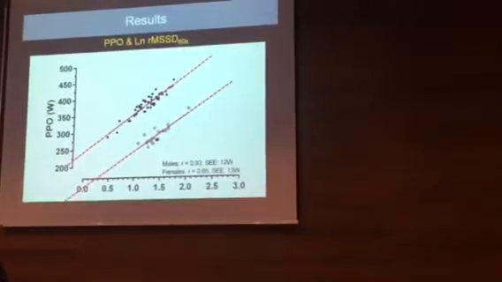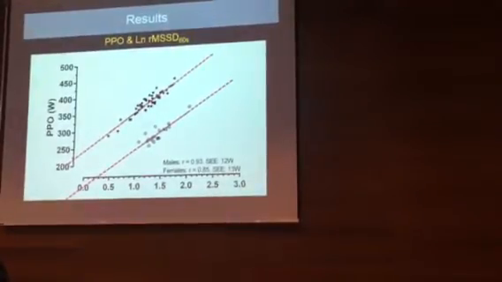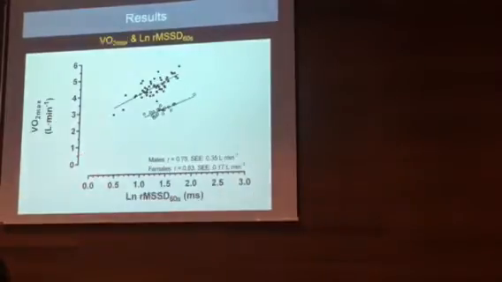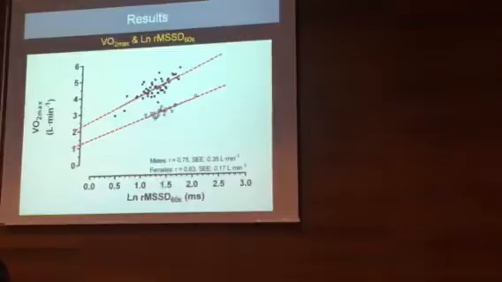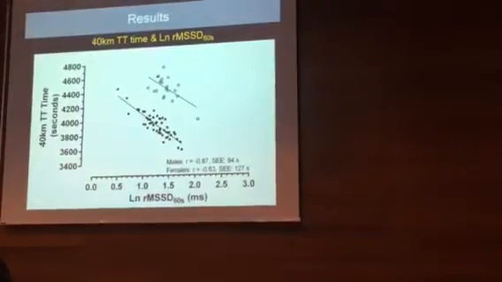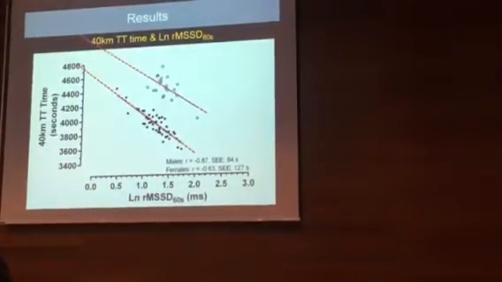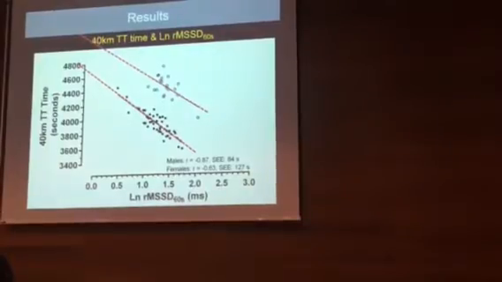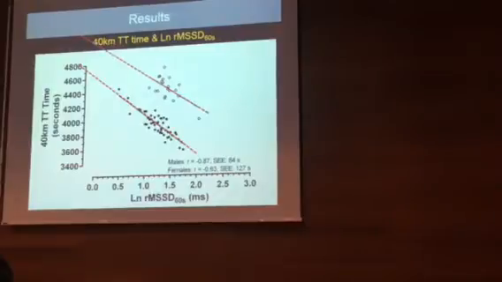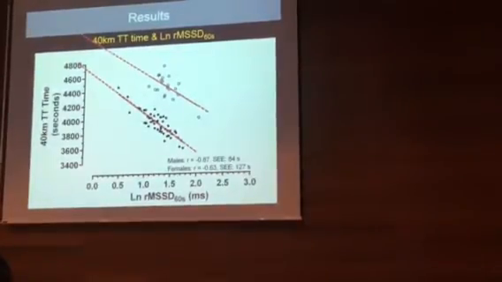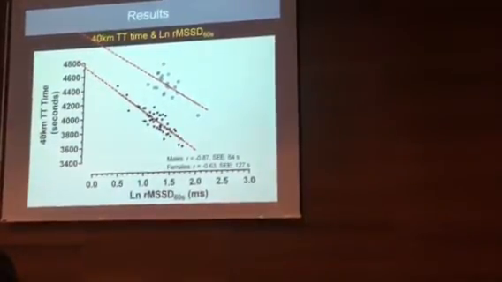That means there are different relationships between males and females, although over time we've got a similar slope. We again see a similar tendency with VO2 max and RMSSD, and with 40k time trial performance. This might be partially due to allometric scaling and differences in body mass between male and female cyclists.